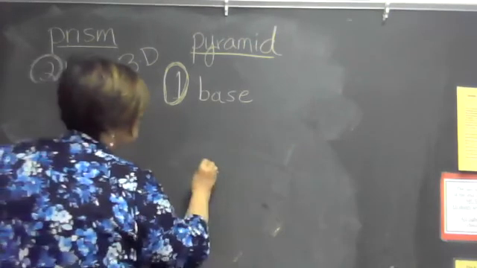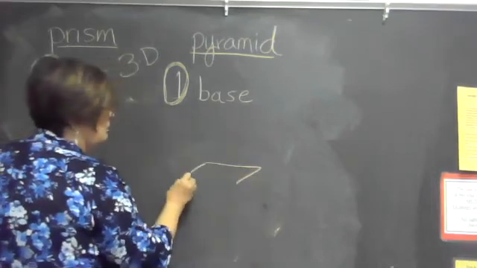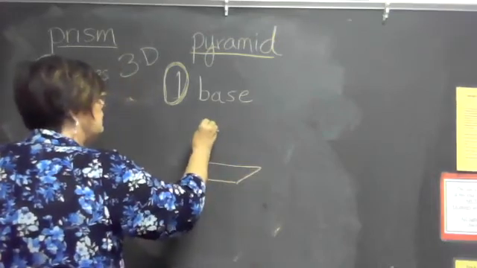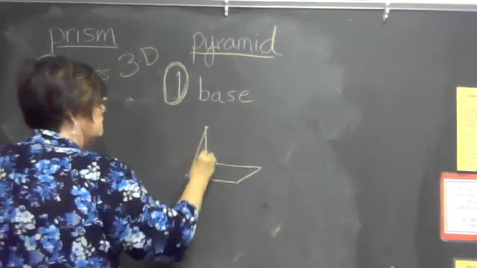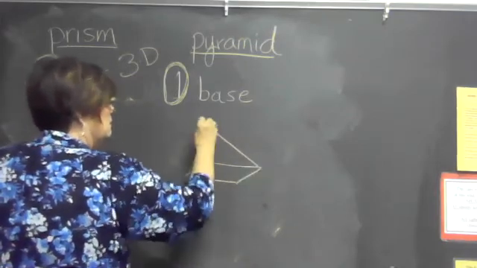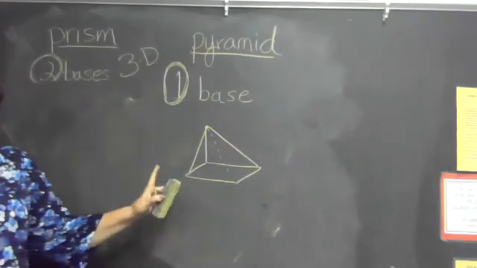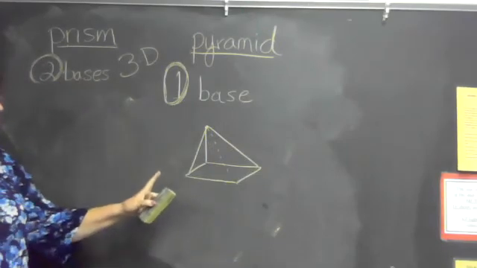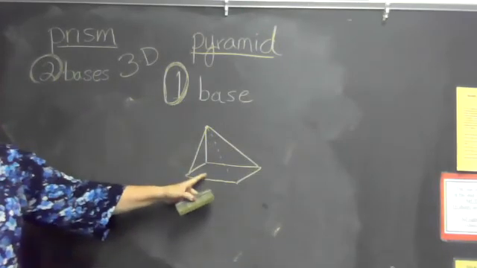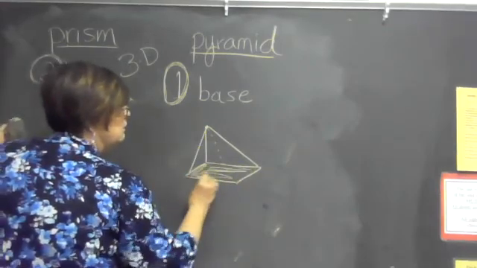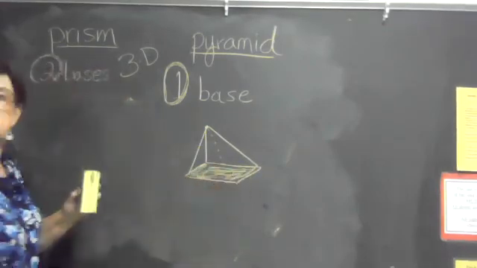Here is a rectangular pyramid, because you can see that the base is a rectangle, but there's only one base.